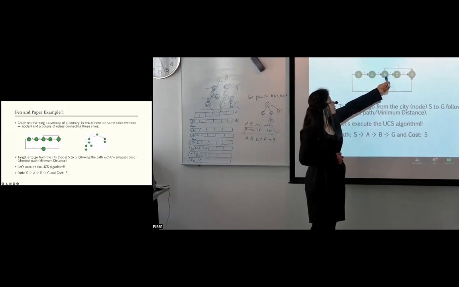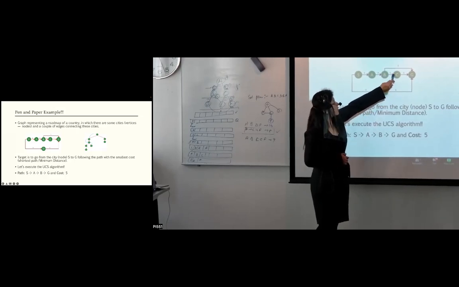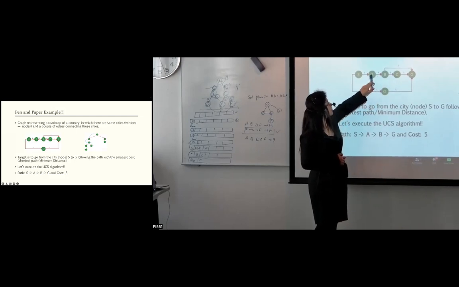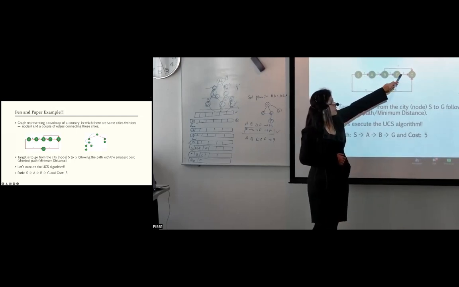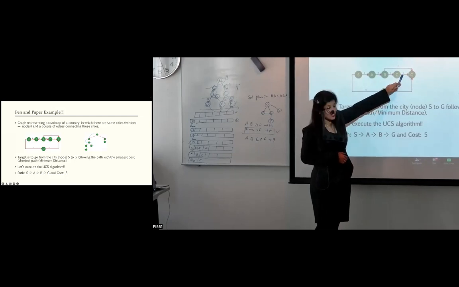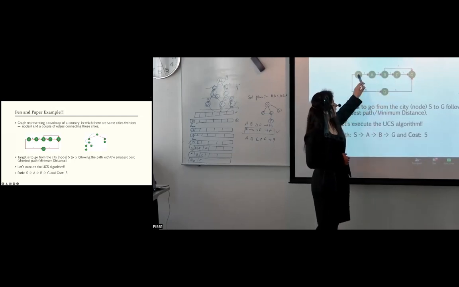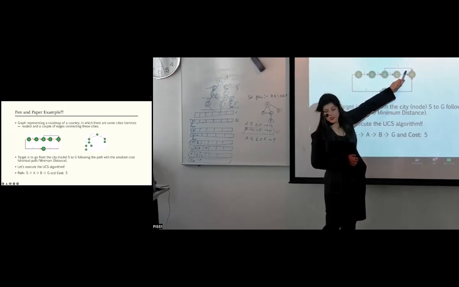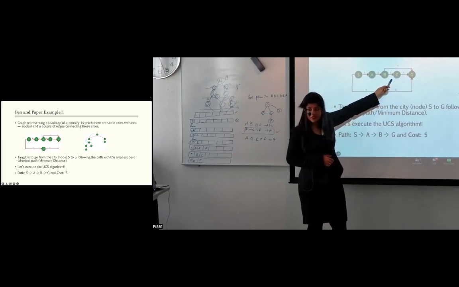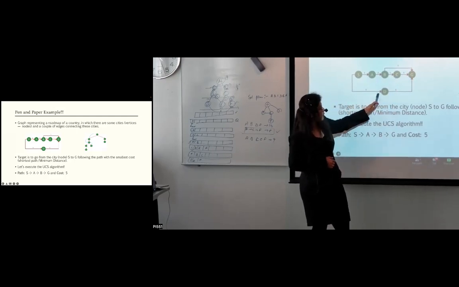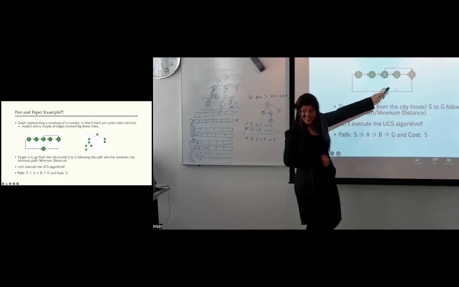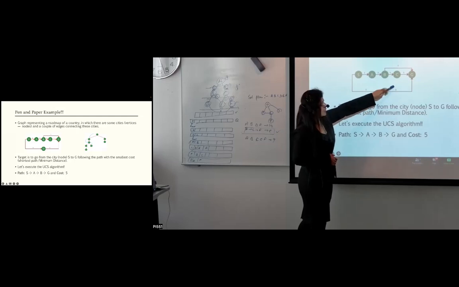So if it goes this way, what would be the cost? 3, 4, 5, 6 if we follow this path. If we follow this path, the cost would be 5. And if we follow this path, the cost would be 6. 6, 6, 5.